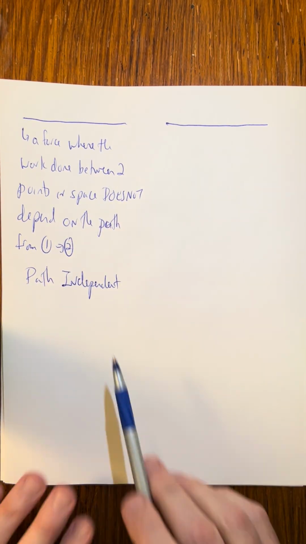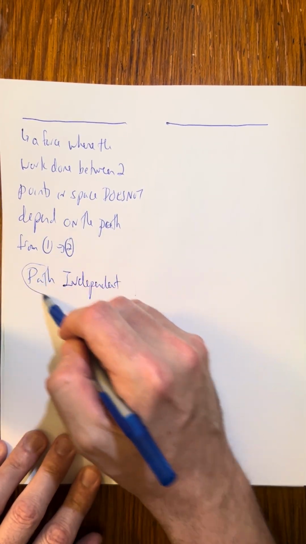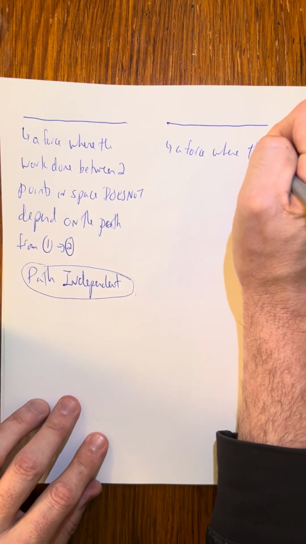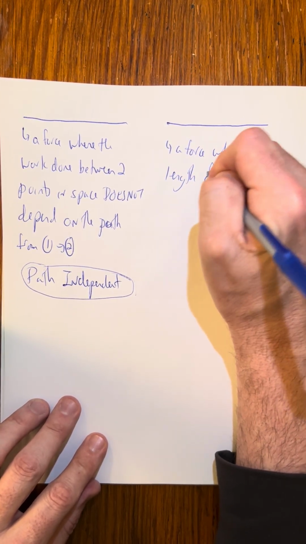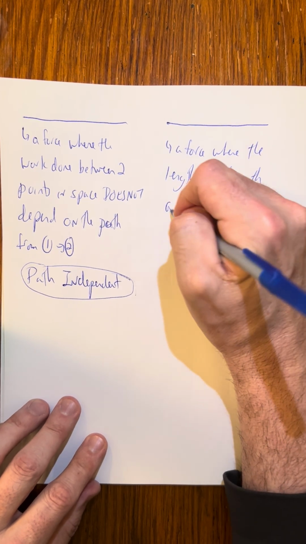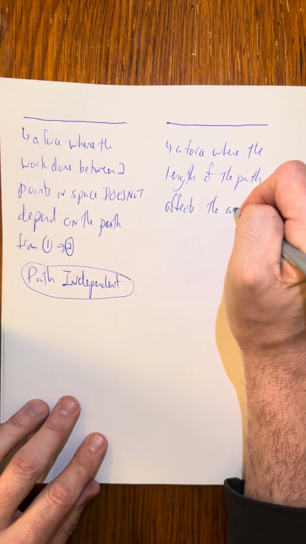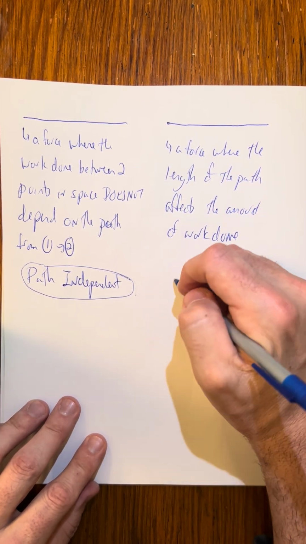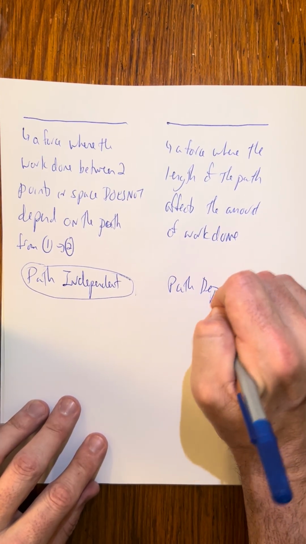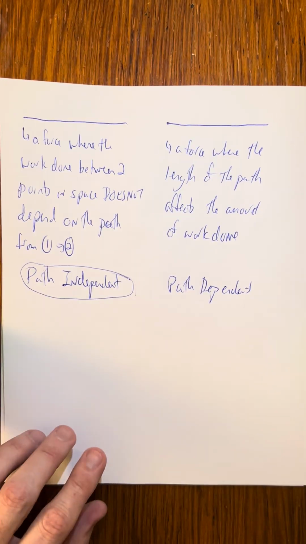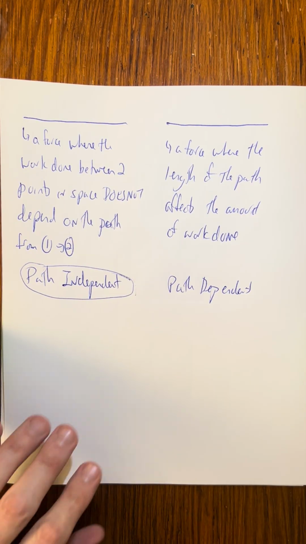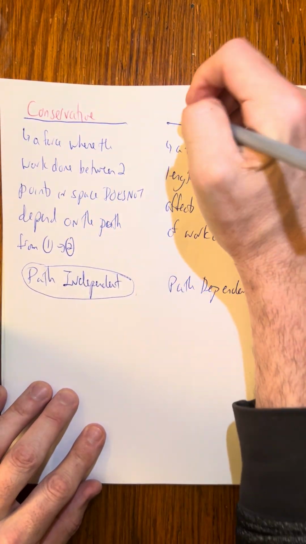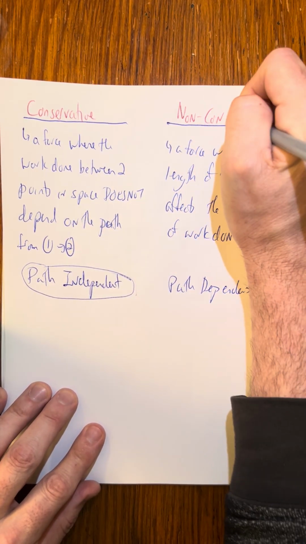Or rather, not the forces that are path independent, but that's the phrase that's important. Whereas a force where the length of the path affects the amount of work done is going to be path dependent. We're going to end up calling the forces where the work done is path independent conservative forces, and these other forces are going to be non-conservative forces.